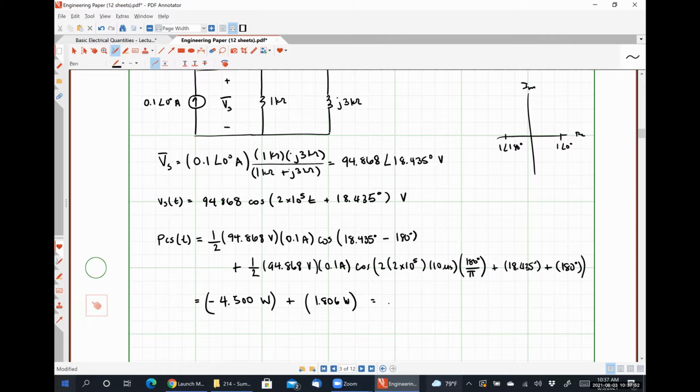And when I combine these two things together, I get negative 2.693 or 2.694, rounding correctly, watts of power absorbed by our source at t equal to 10 microseconds.